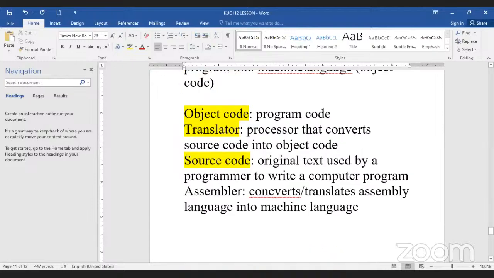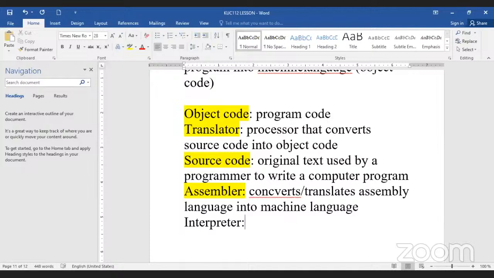Then we have what's called an interpreter. What's an interpreter?